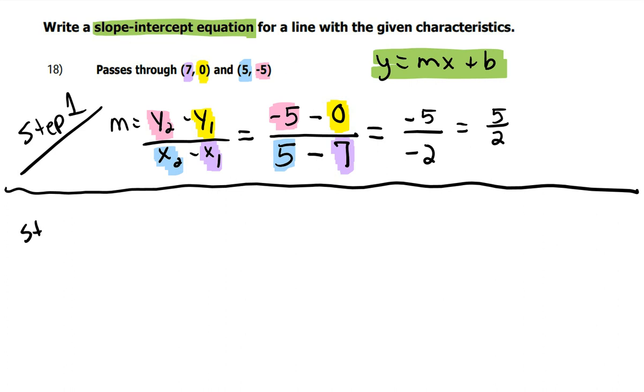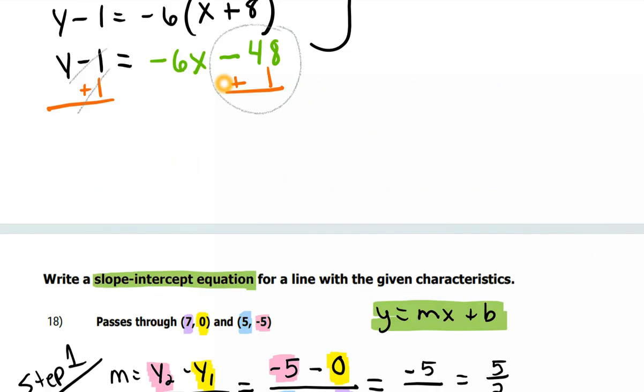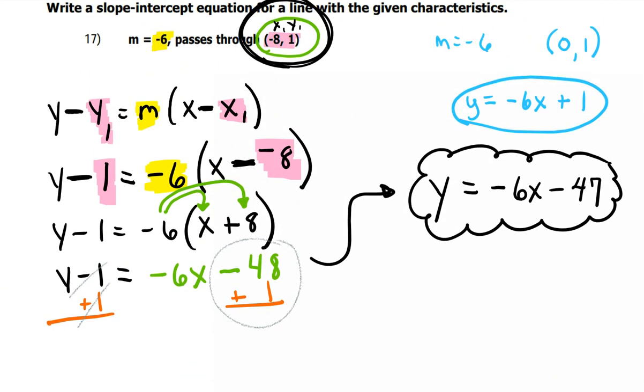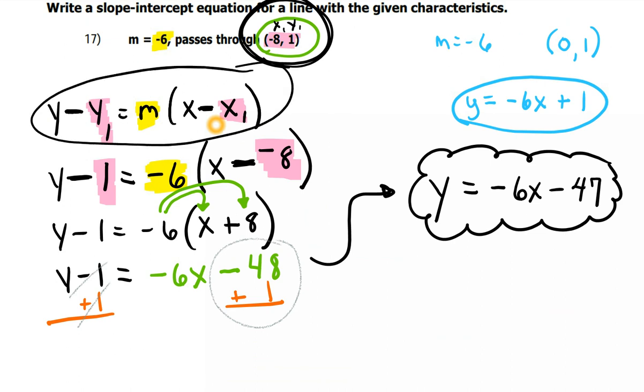And now step 2 is the exact same thing I did back on 17. I used the point slope form of a line. This equation right here. All right, because now I have the slope. And you have a slope and you have 2 points. So you can pick either one of these points. It doesn't matter.